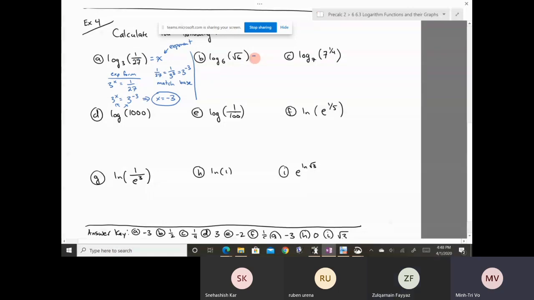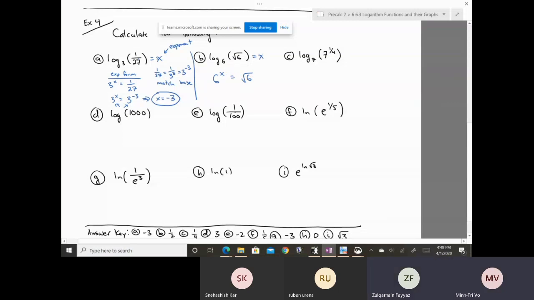Like for B, you start off the same way. The base raised to this thing is equal to this thing: 6 to the x is equal to the square root of 6.